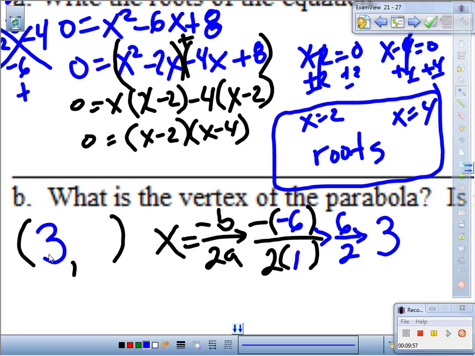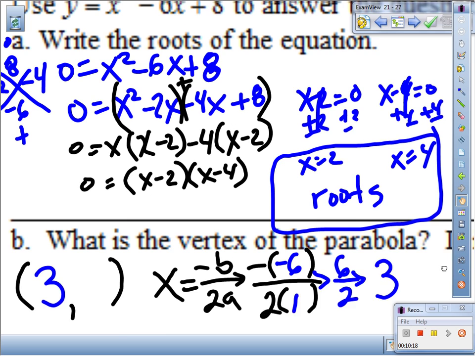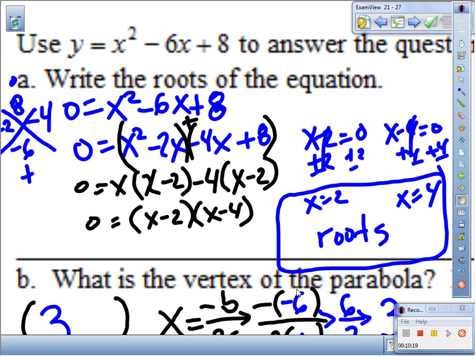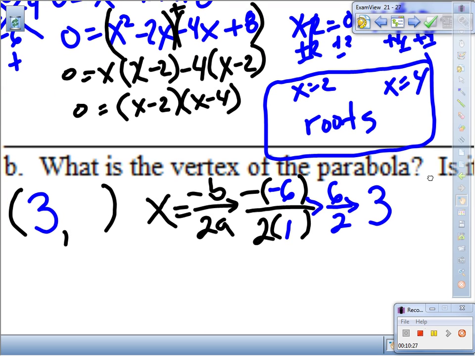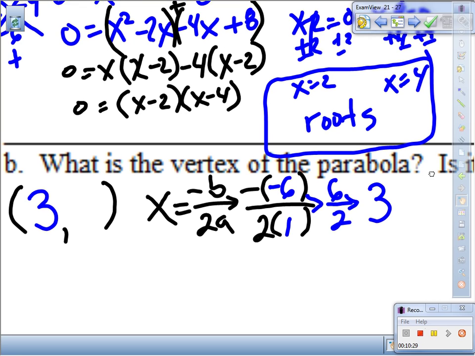Are we there so far? All right. But now we need a y value. Thomas, how do we find the y value? And they gave us this, and that's it. Victor, help him out.